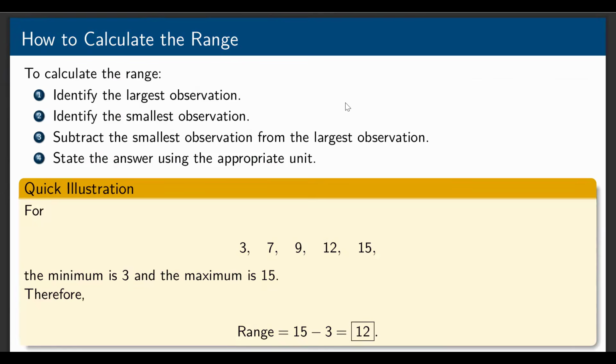How do we calculate the range? Find the largest number, find the smallest number, then find the difference between the two numbers. So for example, look at this set of numbers.